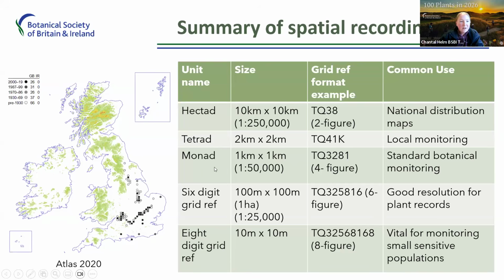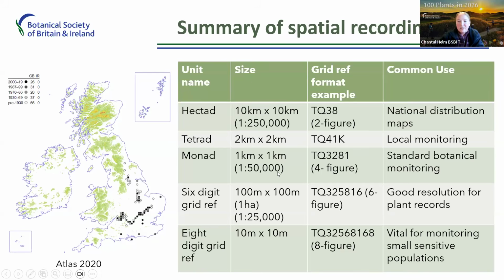And then if you go further down, and these are higher and higher resolution as we go down the table, monads, and this is the standard botanical monitoring scale, or has been for many years, though now with increased access to apps and phones, GPS, we're able to record at a higher resolution than monad level. But a lot of the records pre-1990s were monad level records.